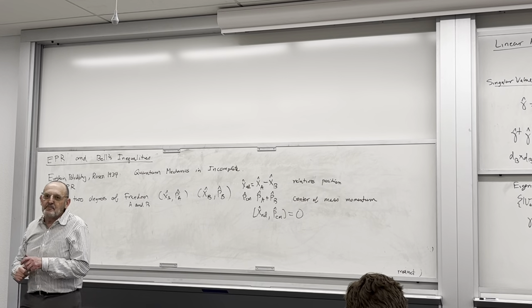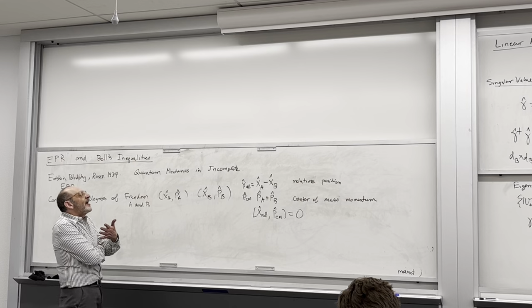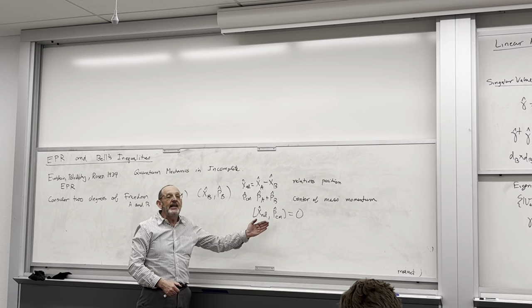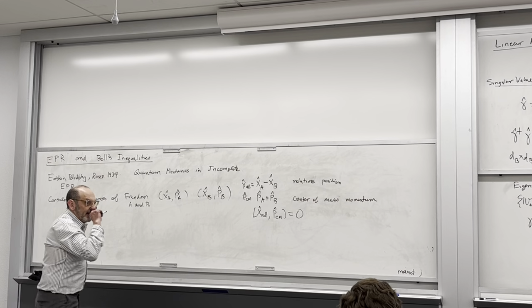So I can imagine a scenario in which I do a measurement where I can have a definite outcome, something that can simultaneously be an eigenstate of both of these guys.